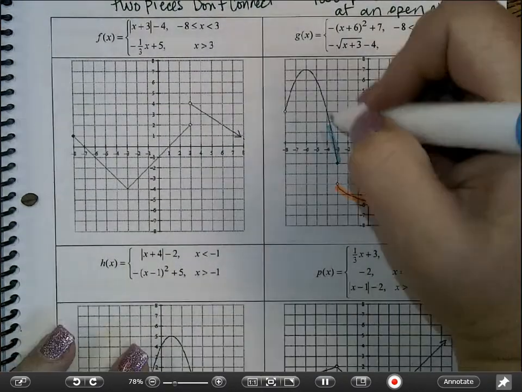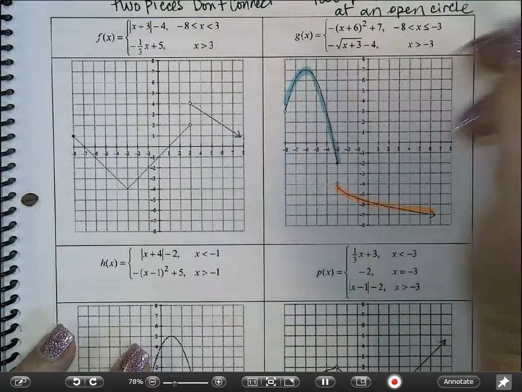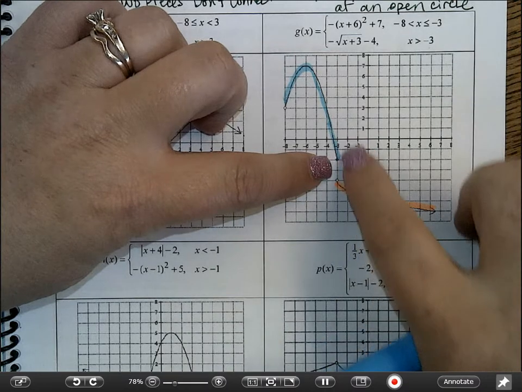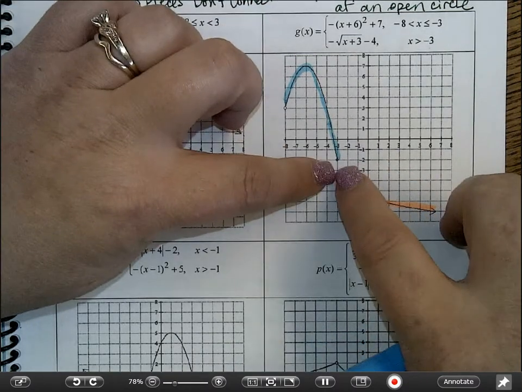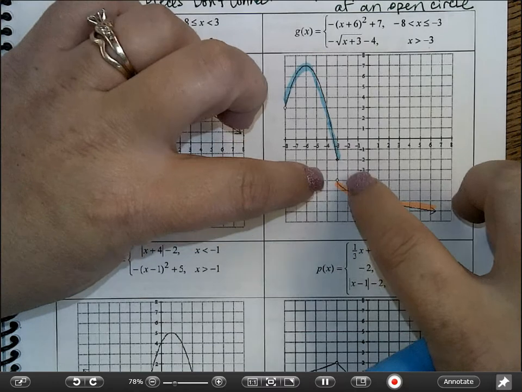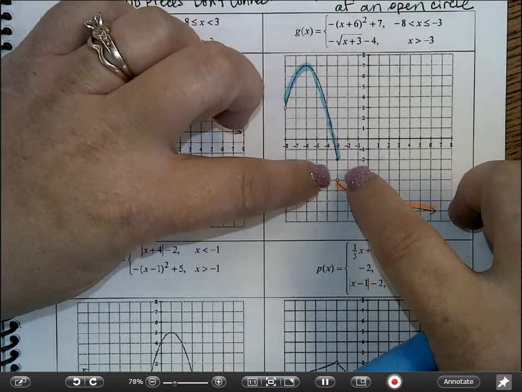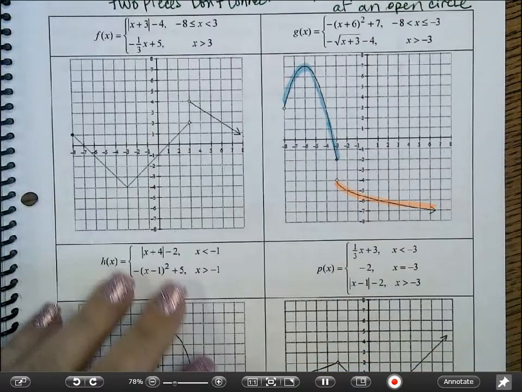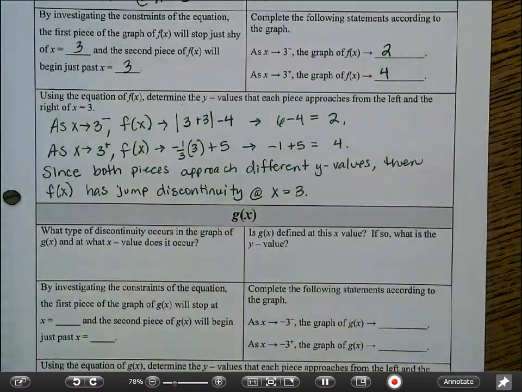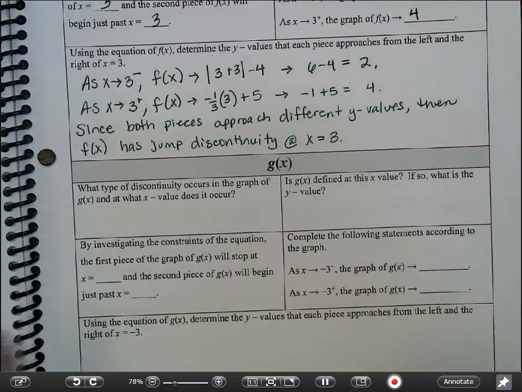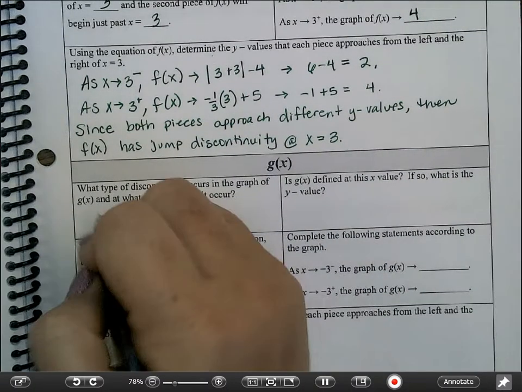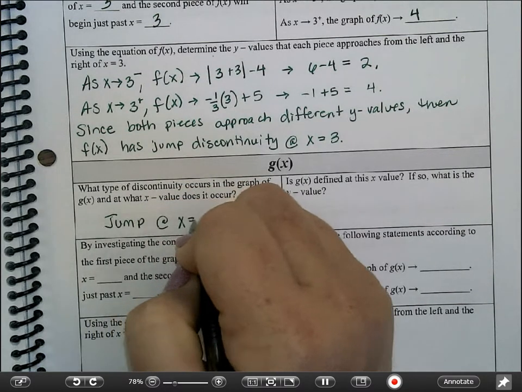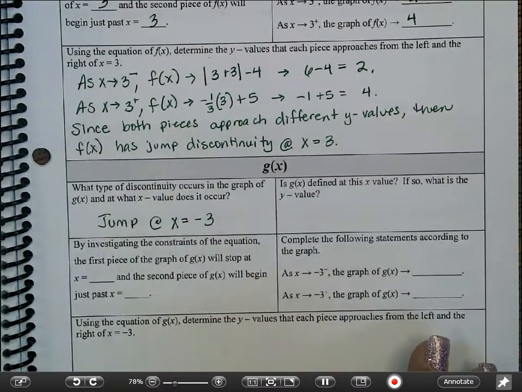Okay. Just want to make sure we are good. This is the break in the domain, essentially, not even really a break in the domain because this one's defined, but the break in the graph, all right? It's discontinuous when x is equal to negative 3. Looking at that graph, what type of discontinuity do we have? We have a jump at x is equal to negative 3.